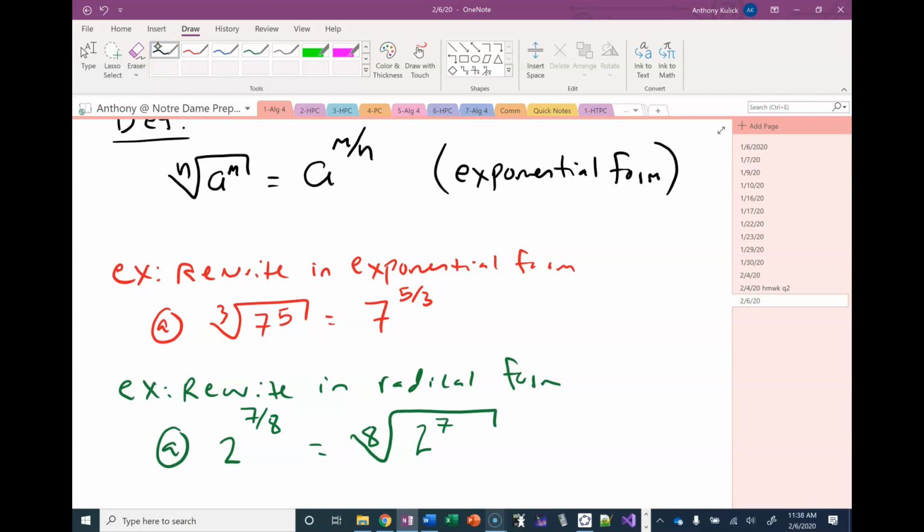Is everybody okay with this definition and how to convert back and forth between radical and exponential forms? It's pretty easy, right? Not a lot to do. You just have to remember that the index is the denominator of the fraction and the exponent is the numerator of the fraction, right?